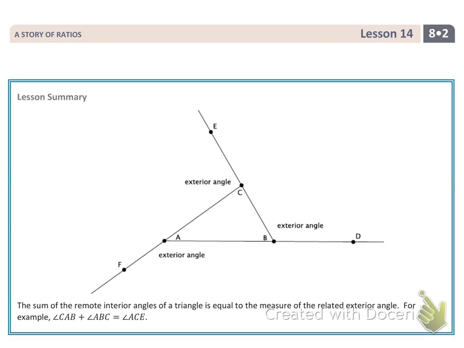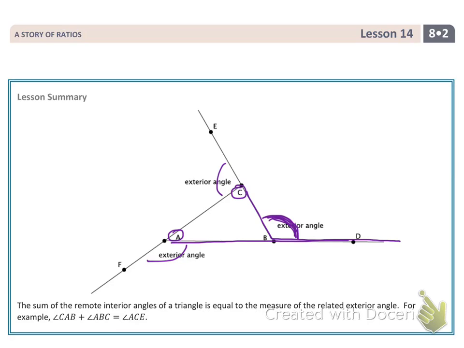We also learned definitions of exterior angles, and that's where we extend the line of a triangle out and look at the angle that's right outside the triangle, and each triangle is going to have 3 different exterior angles. And we defined the remote interior angles as the 2 interior angles in the triangle that are not touching a given exterior angle.